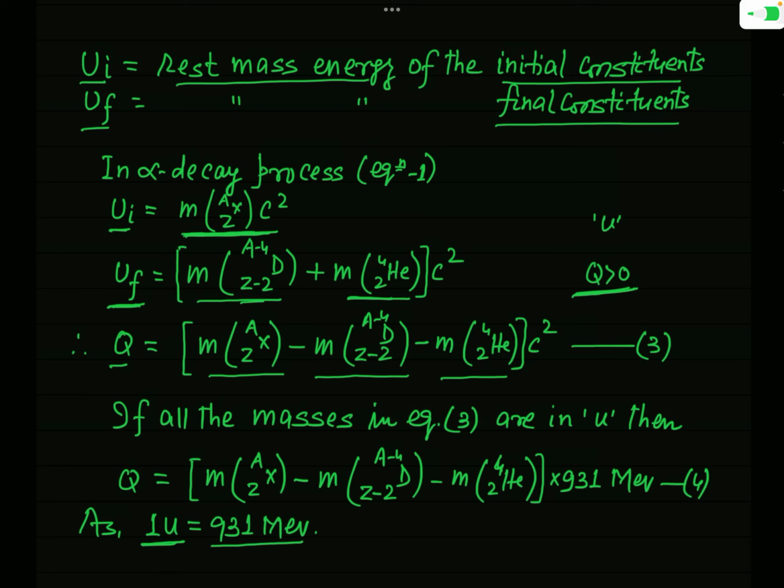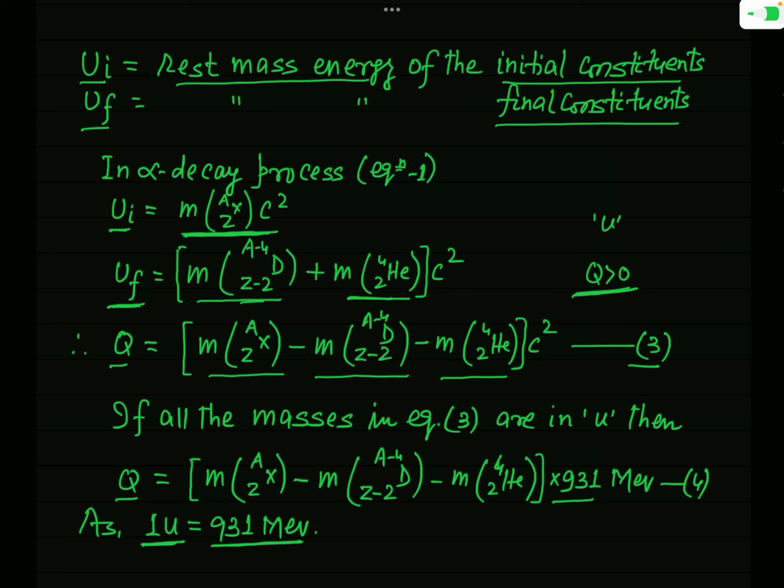It means when you transform a mass of 1 u into energy, you get 931 mega electron volt energy. So if all the masses present in this equation 3 are in u, then you can find this Q value of the process simply by multiplying this expression by 931.